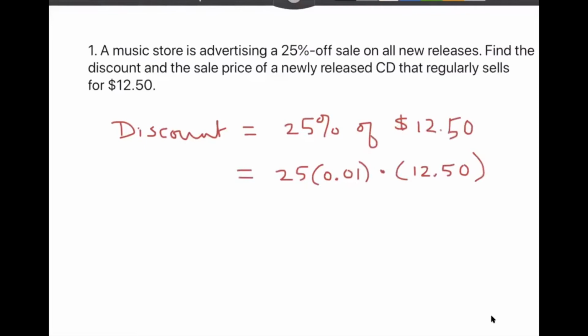Okay, that comes out to exactly 3.125. Generally, when you're dealing with amounts of money, you should round to the nearest penny. So they can't take off $3.125, right? So usually what they'll do is they'll just round up the discount. So the discount would be $3.13.